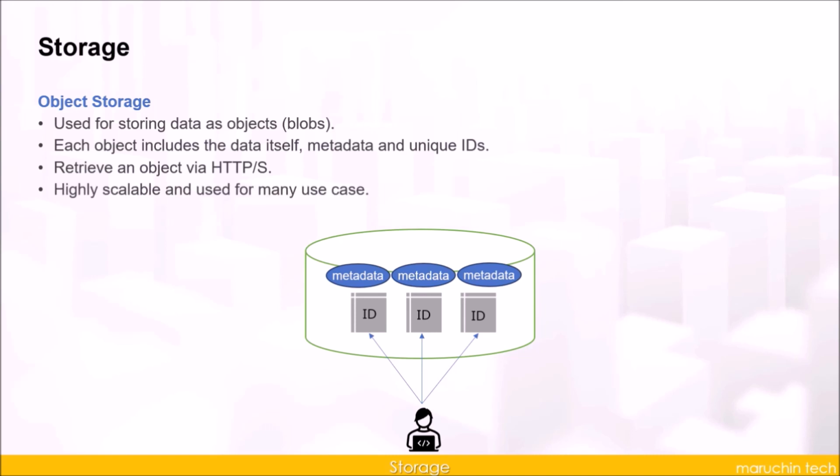Object storage is highly scalable and used for many use cases, including archiving, backup, and storing large volumes of static data like image, audio, video files, and documents. And in Azure, Azure Blob Storage is offered.